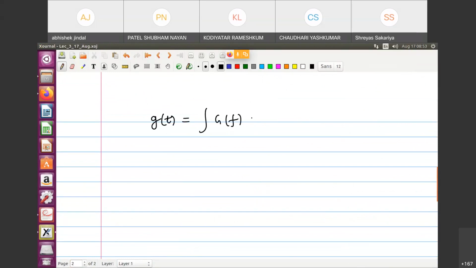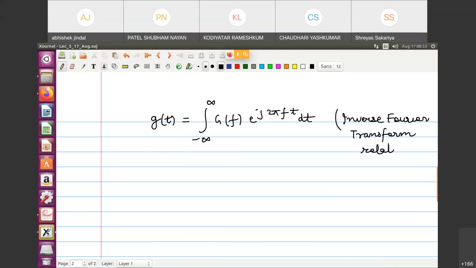We know this, so I am writing it for you: g(t) equals the integral of G(f) e^(j2πft) df, going from minus infinity to infinity. This is the standard inverse Fourier transform relation between g(t) and G(f).